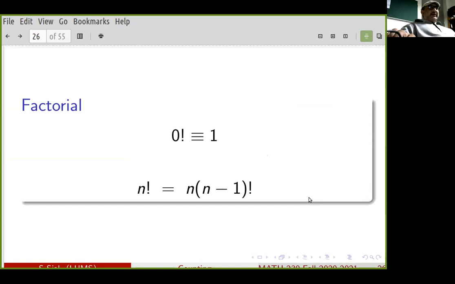And you count down to 1 or to 0. So 3 factorial would be 3 times 2 times 1. 6 factorial would be 6 times 5 times 4 times 3 times 2 times 1.